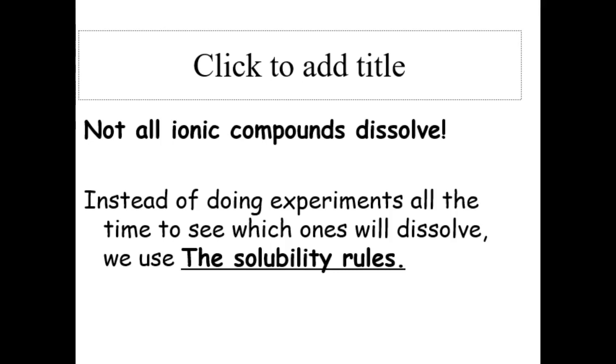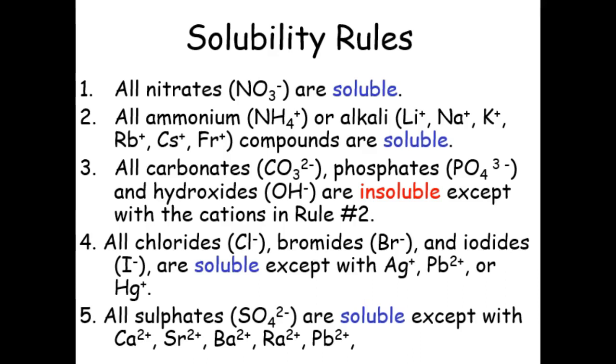Instead of doing experiments all the time, we have solubility rules, and a chart that we follow. Some of the solubility rules, you don't have to write these down, I'm just going to go through them, but stop the video if you want to. All nitrates are soluble. Nitrates have an NO3 at the end.